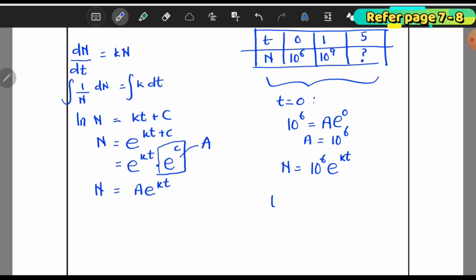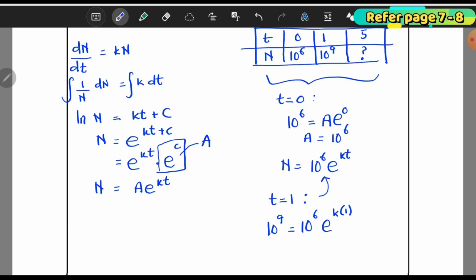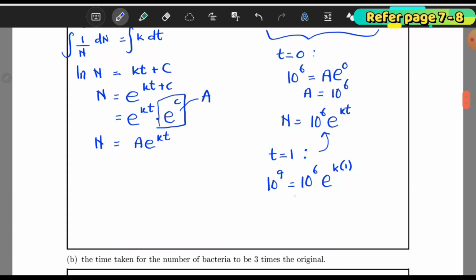Next information is when t equals 1. So we substitute into the previous equation. We have 10^9 equals 10^6 e^(k times 1). Next, we will get e^k equals 10^9 divided by 10^6. We will get 1000.